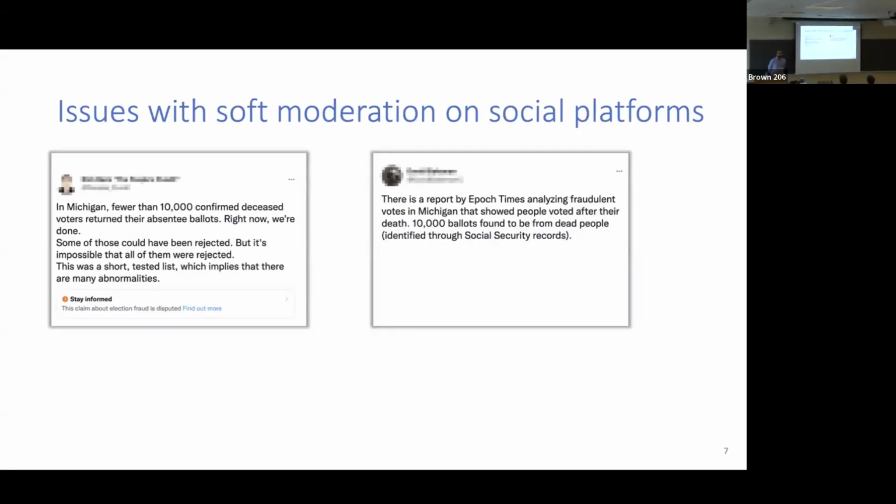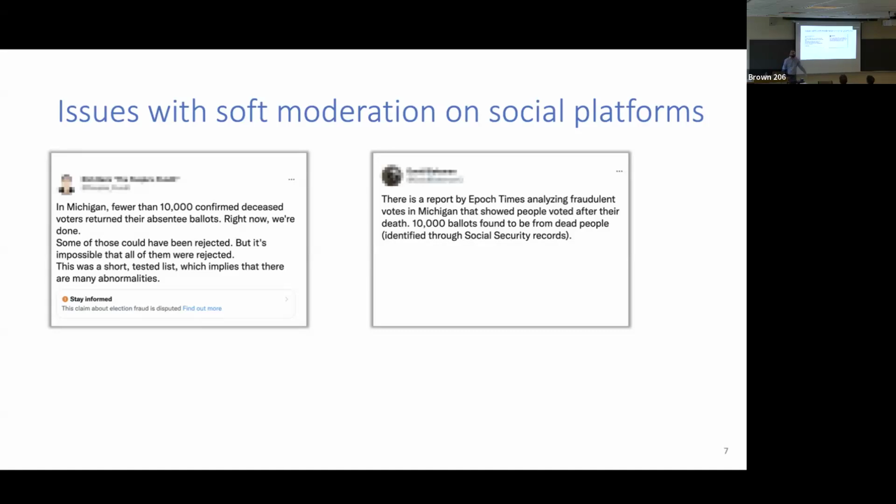However, what we found is that this was done very poorly, at least by Twitter during the 2020 election. There was, for example, a clearly fake and debunked post about dead people voting in Michigan, and it received a warning.